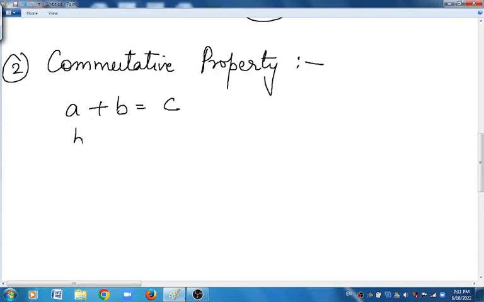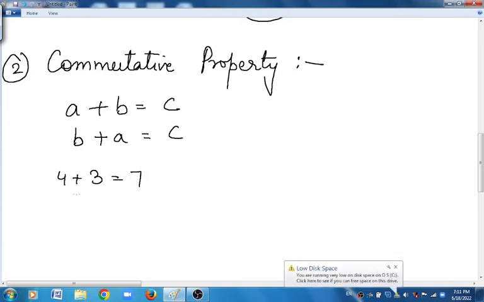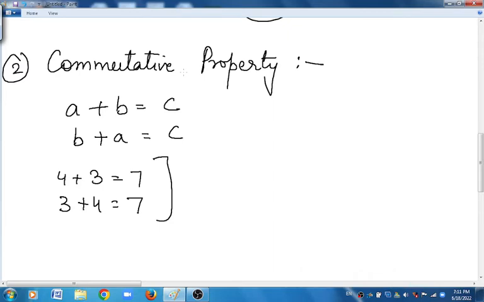And if I am adding b plus a, that will also give us the same answer c. Take an example. If we are adding 4 plus 3, which is 7, and if I reverse the order, it is 3 plus 4, that is again 7. So according to commutative property, if the order of the numbers is changed and these numbers are added, then the result remains the same. So for addition it is working.